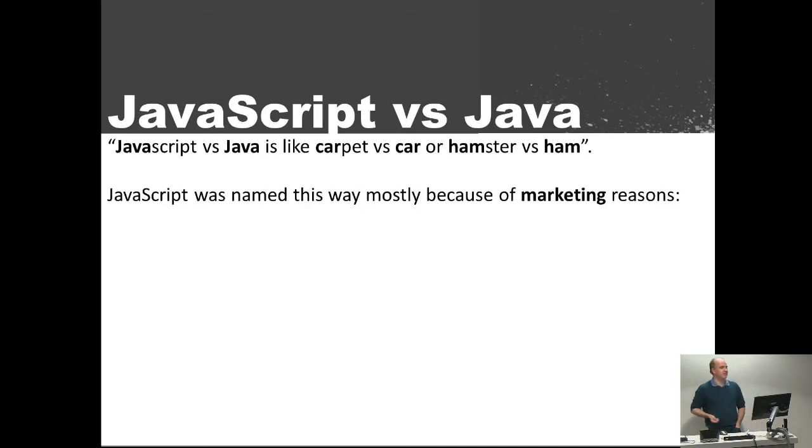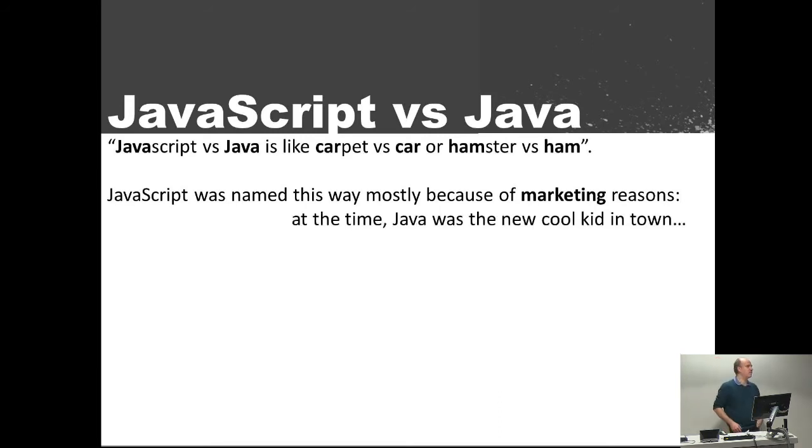So JavaScript was named JavaScript for marketing reasons. Okay. At the time, Java was a new language. Everybody was thinking, yeah, Java is the future. That's the language we want to know. It's compared to C++, which is a bit complex and not very well structured. Java is a new, clean language.